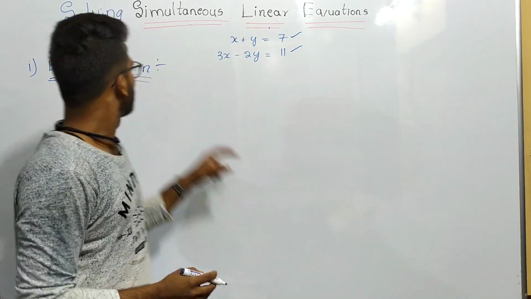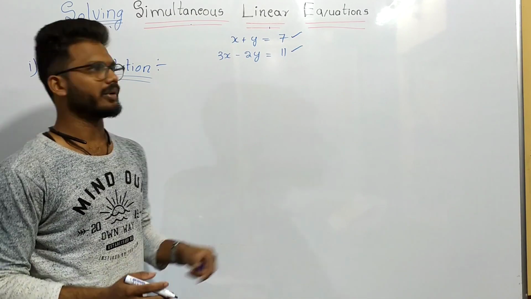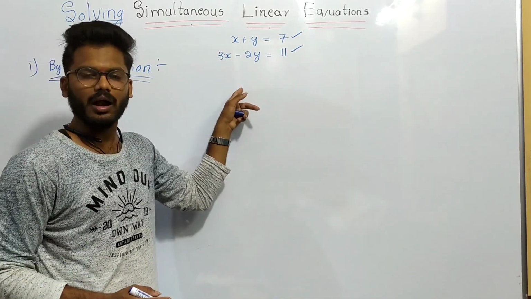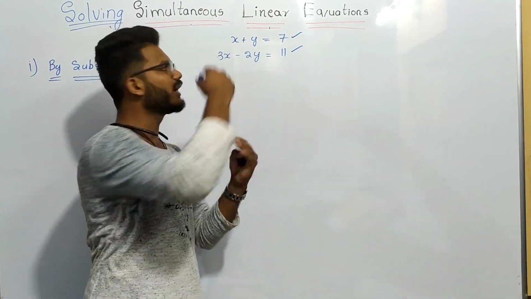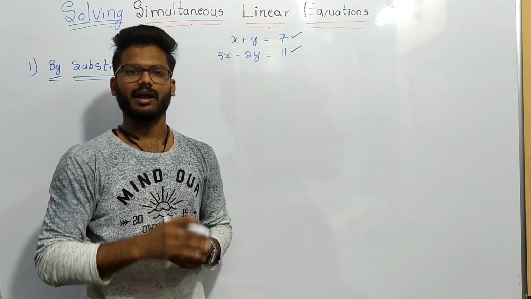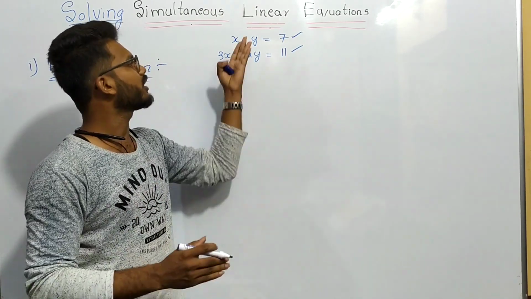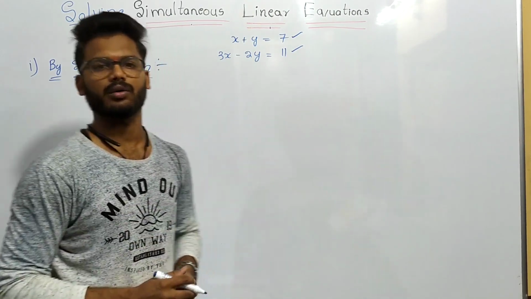In the substitution method, you take any one equation and find the x or y value, substitute it in the next equation to get one value, and then substitute it again in any one of the equations to get the other value.